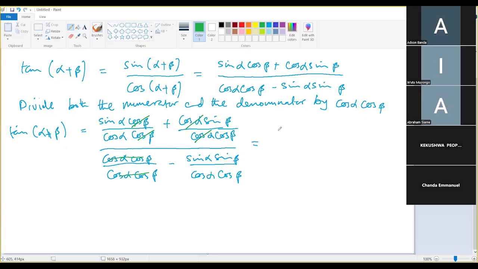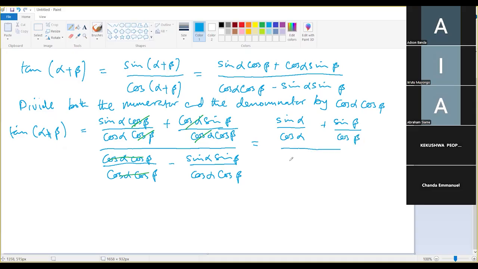So in this case, this gives us sine alpha divided by cos alpha plus sine beta divided by cos beta.